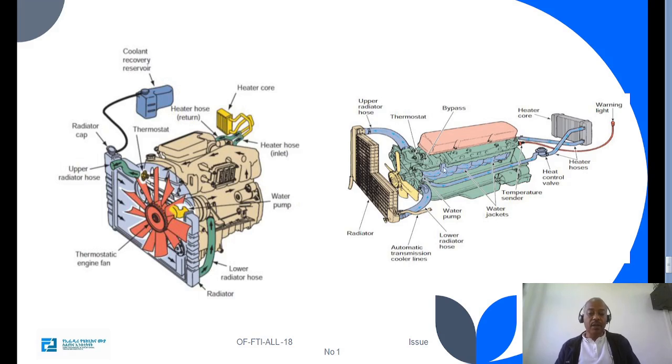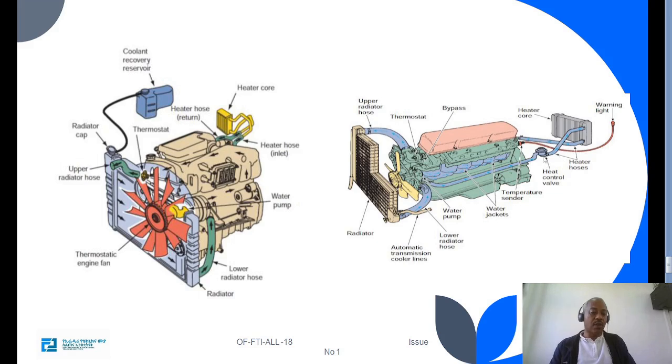And here we have a cooling system with additional features. Let's see: the upper hose, the lower hose, the radiator, the engine fan, the thermostat, and the water pump are also indicated here.